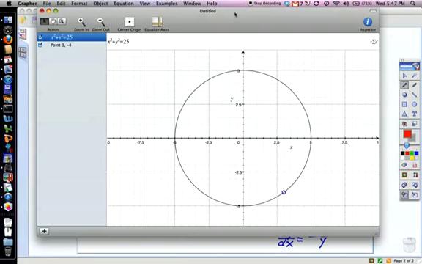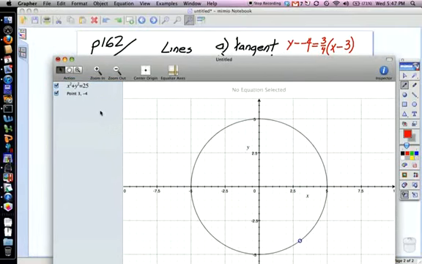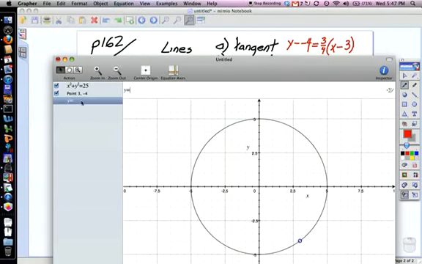All right. In order to see our line, let's add another line to this. We're going to graph the tangent line here and see if it looks like a good tangent line at that point.